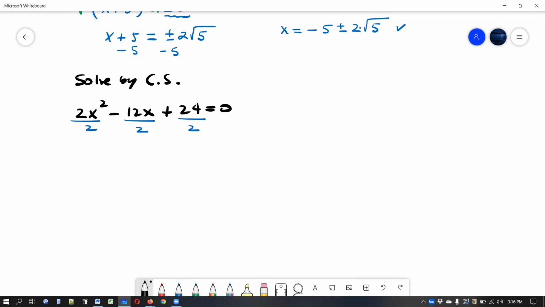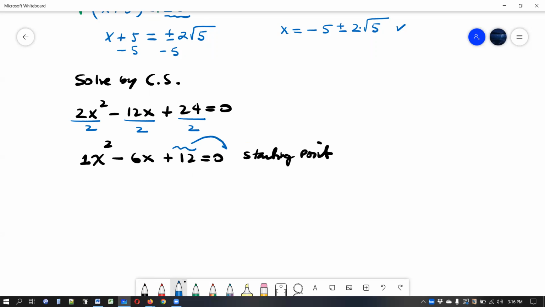So I will end up with x squared minus 6x plus 12 equals 0. This is the starting point. I have to have a 1x squared here. Now I can proceed and I know what to do.